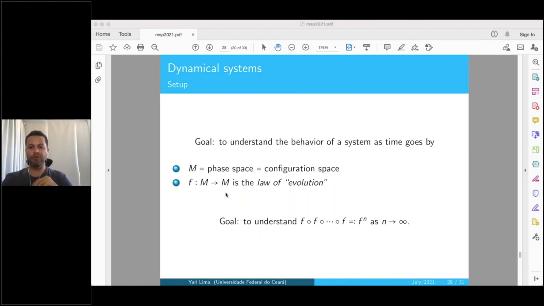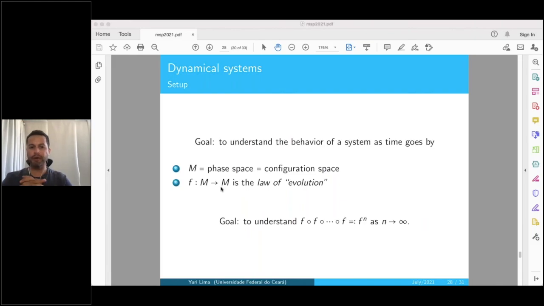So this new position of space, you understand as the position after 1 unit of time went by. So if at time 0, in the beginning of the movement, you are at position x, then at time 1, after 1 unit of time, you are going to be at position f of x. This is just what this function is telling us.